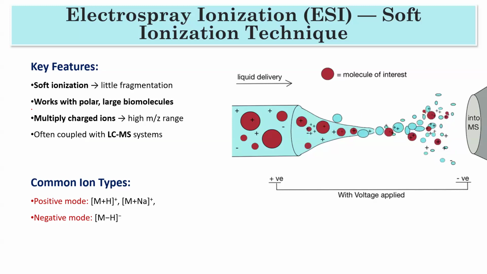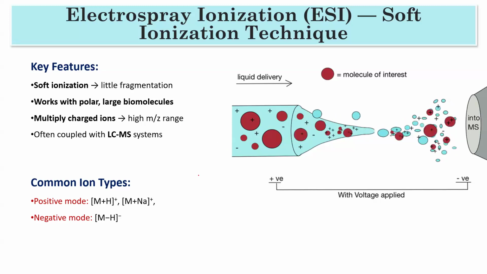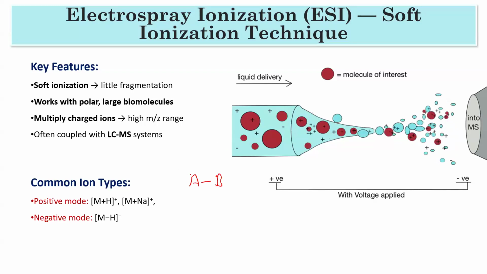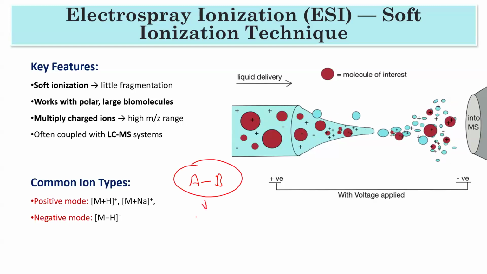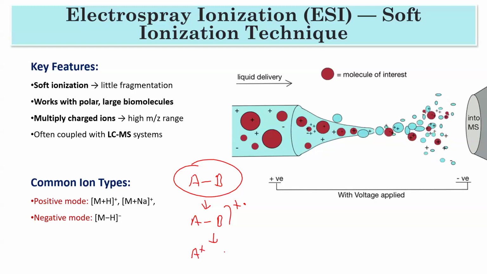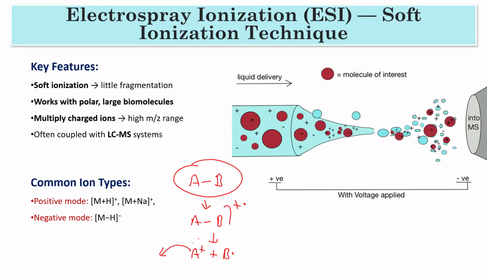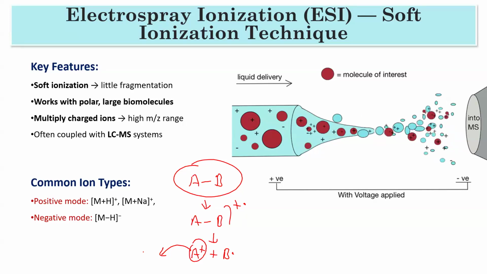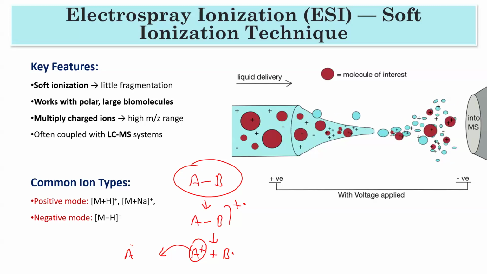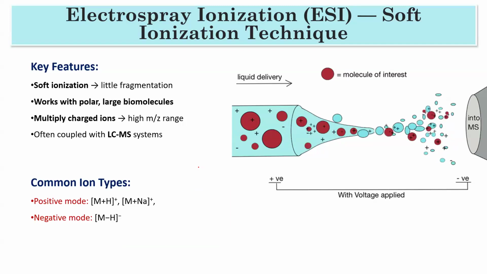But it may be possible: suppose you have a molecule AB and you ionize it, and you get A plus and B, and if the fragment is not stable, it may change into, say, A1 minus and A2 plus plus. There are different possibilities, but it is hard.